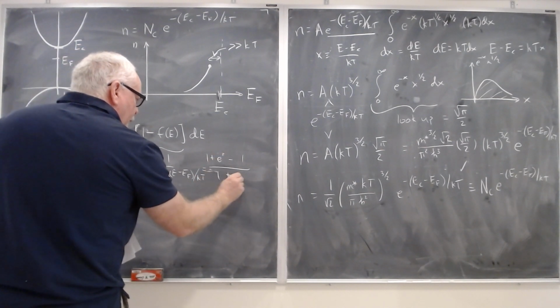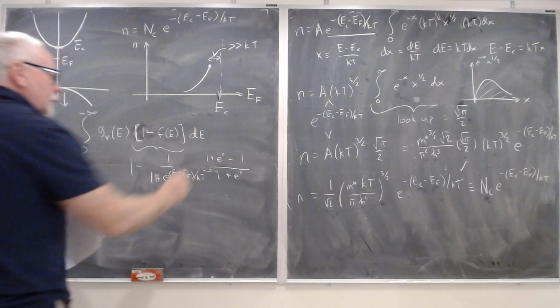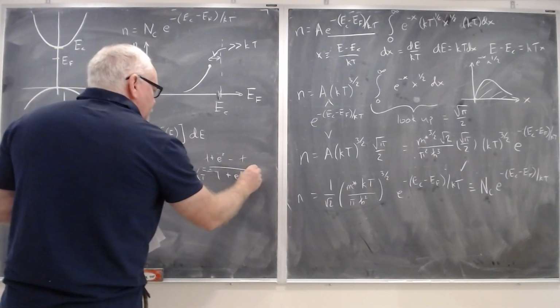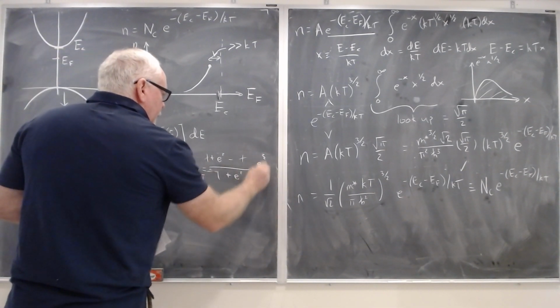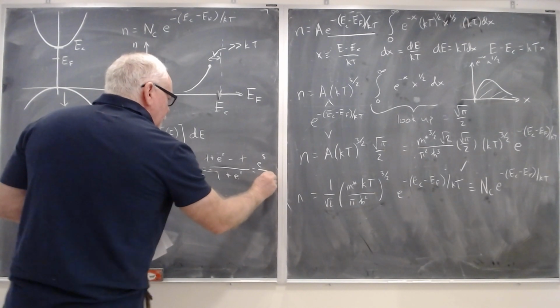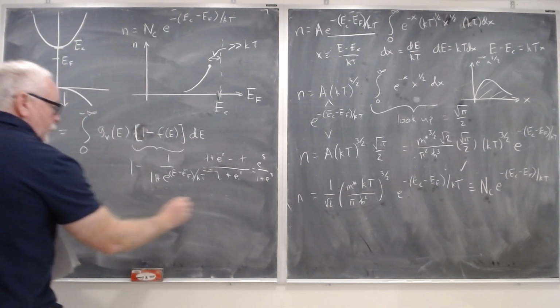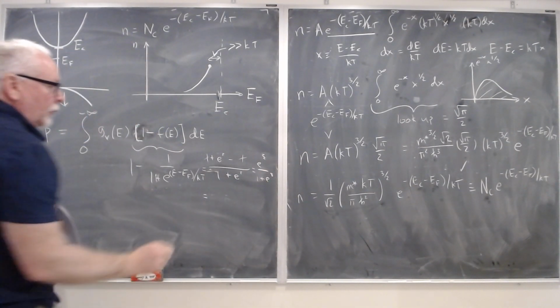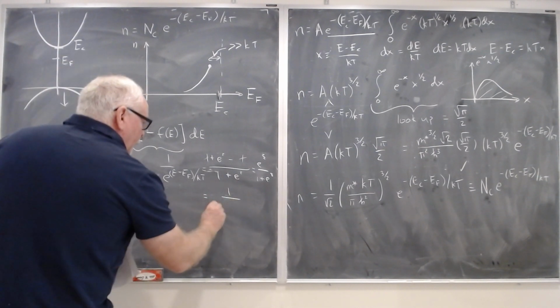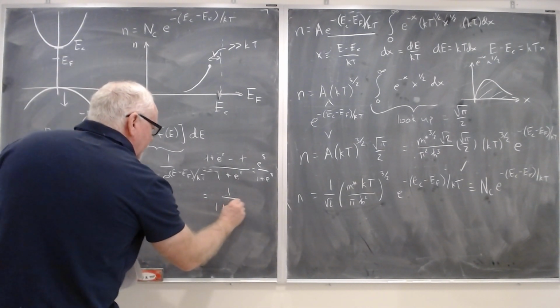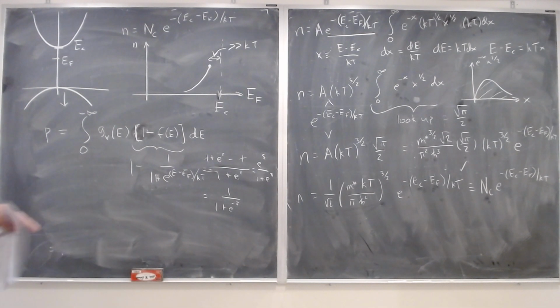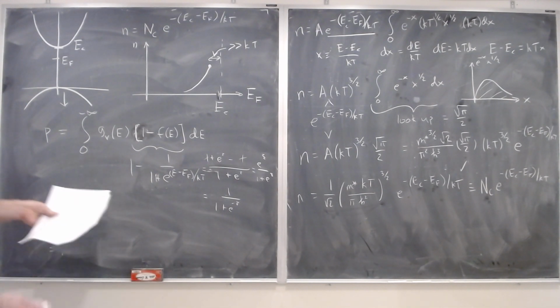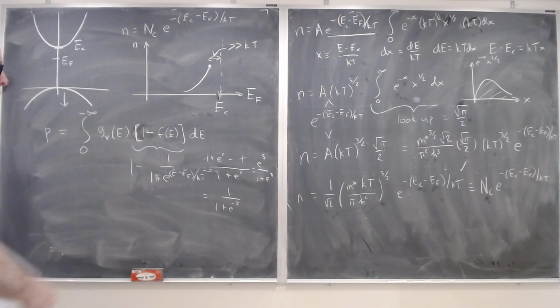And that cancels, and that's e to the squiggle over 1 plus e to the squiggle. And so when I write that out, I can write that out as 1 over 1 plus e to the minus squiggle. Okay, meaning the point is that I've essentially inverted the problem.